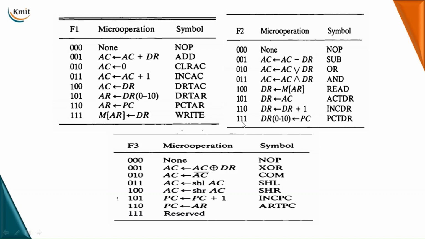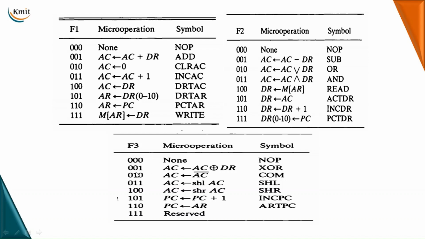And to move the contents from PC to DR, we use PC to DR. The contents of PC are moved to 0 to 10 bits of the data register. Here from the data register, 0 to 10 bits are moved to the address register.